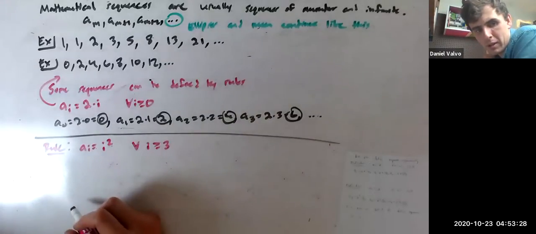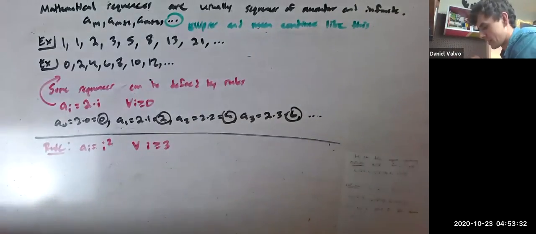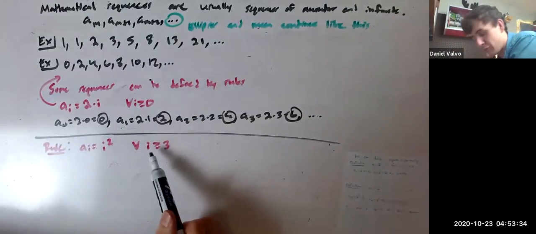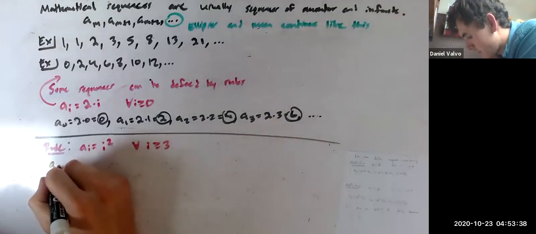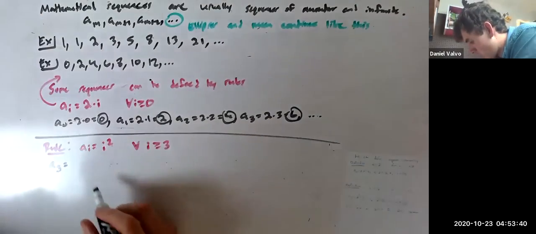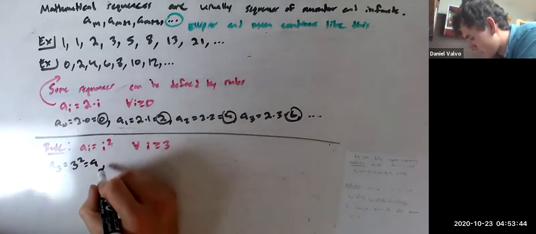What would that sequence be? Well, where do you start? It's for all I greater than or equal to 3, so you start at 3. A3 is going to equal the index squared. So 3 squared, which equals 9.